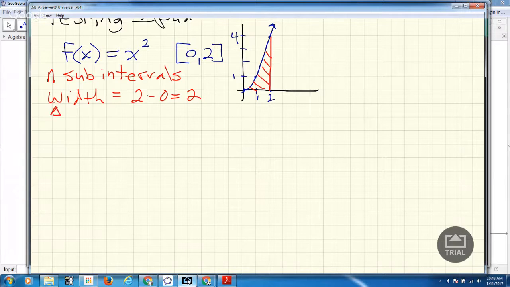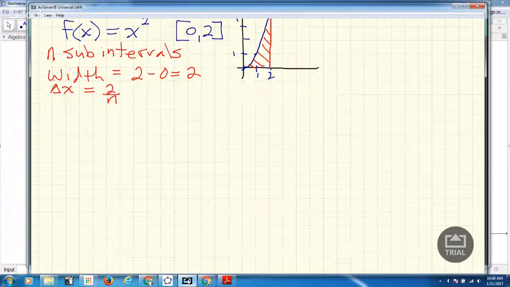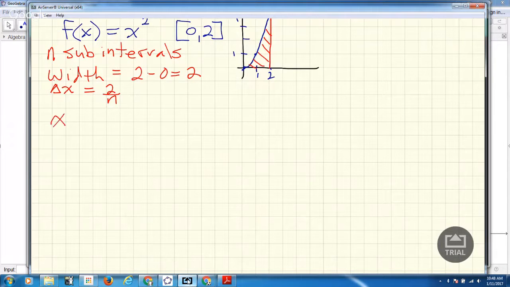So I want to make little widths, my delta x's, and they're going to be the width of the whole interval divided by the number of subintervals that I want. So in general, each little rectangle width will be 2 over n. Now here, to generate x values to go with this, if you're doing right-hand sums, which is what we're doing, you take the left-hand boundary, and then you add multiples of the width repeatedly.